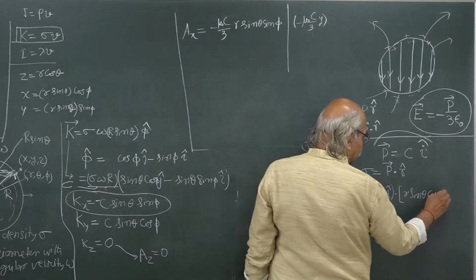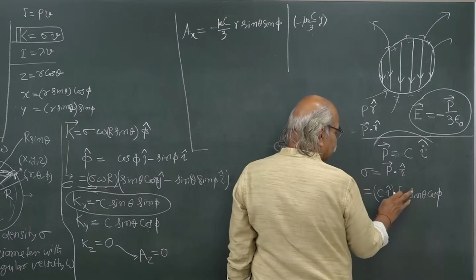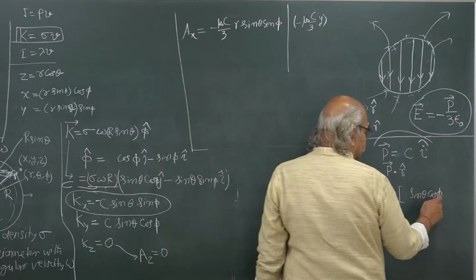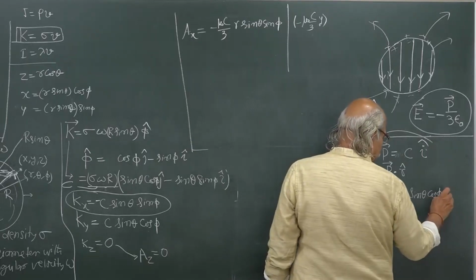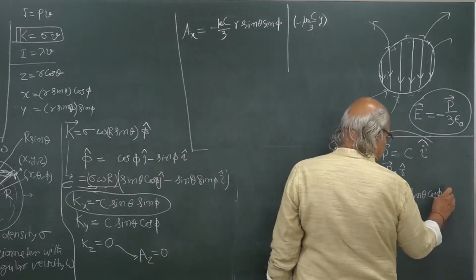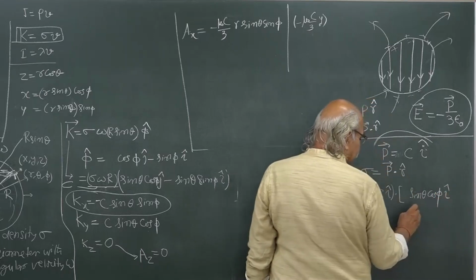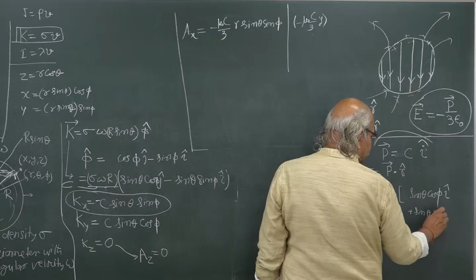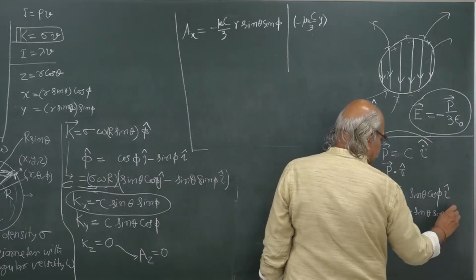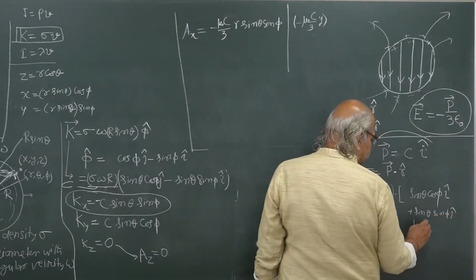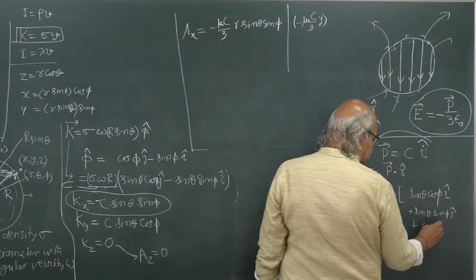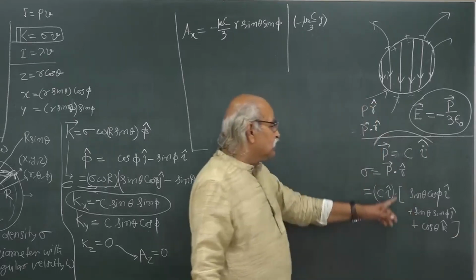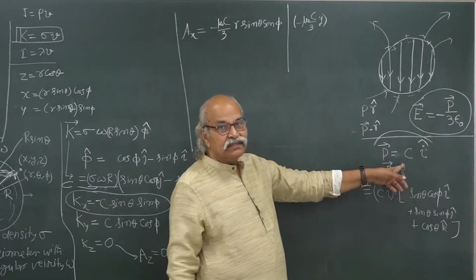and r is also not needed because we only need the unit vector. So, sin theta cos phi in the i cap direction, plus sin theta sin phi in the j cap direction, plus cos theta in the k cap direction. That is the unit vector in the r cap direction.